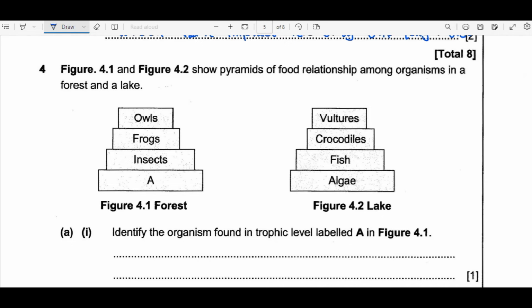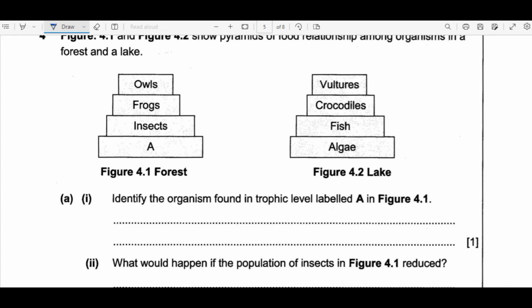Now, Roman number 1, identify the organism found in trophic level 1 in figure 4.1. Here, you just have to know that these will always be producers. For this producer, it's a plant. So let's call this one a maize plant.